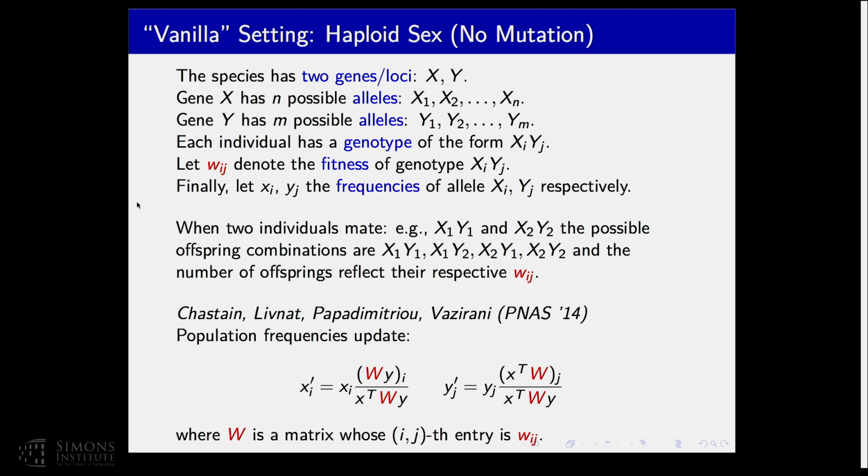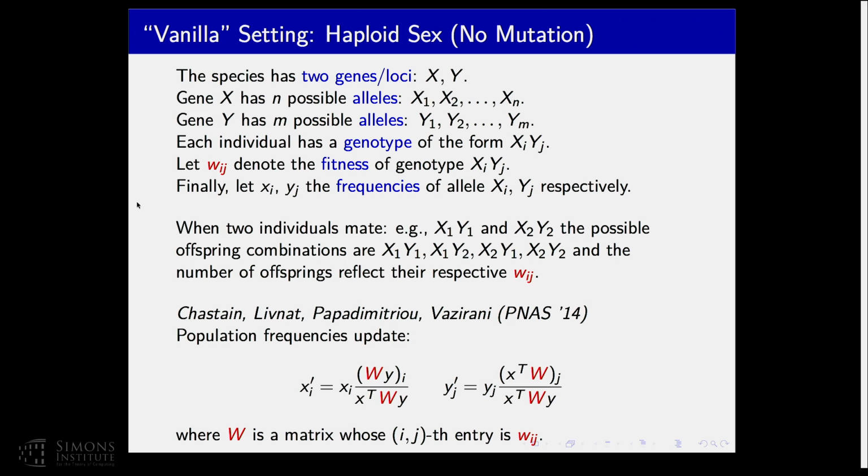And we like to keep track of the frequencies of the different alleles. Let's say what percentage of the population has the gene that leads to brown eyes versus green eyes, and so on and so forth. So when 2 individuals mate, they effectively do this mixing, and these are the 4 possible combinations that you can get.